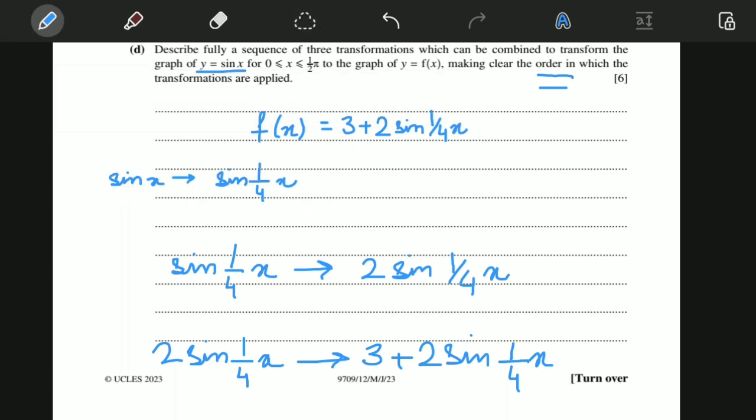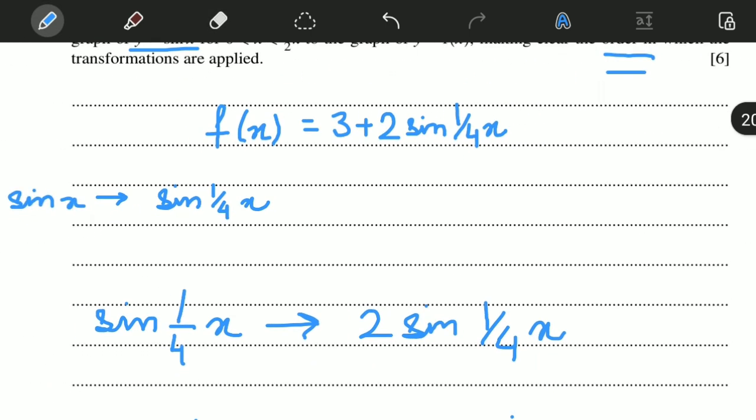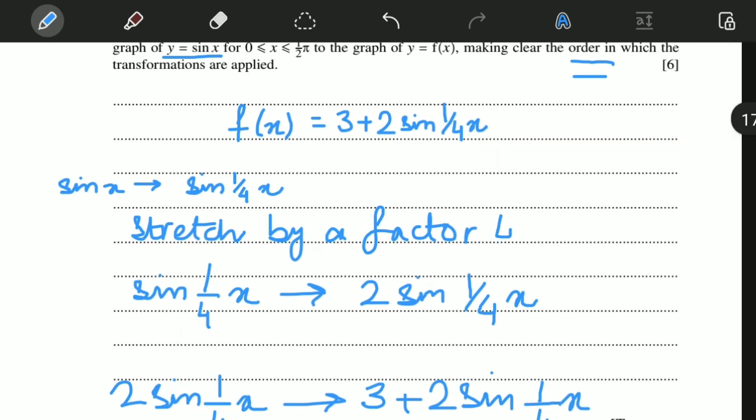Okay, horizontal stretch, because x is being multiplied by 1 by 4, so stretch by a factor of four in the x direction, or you can say horizontally.